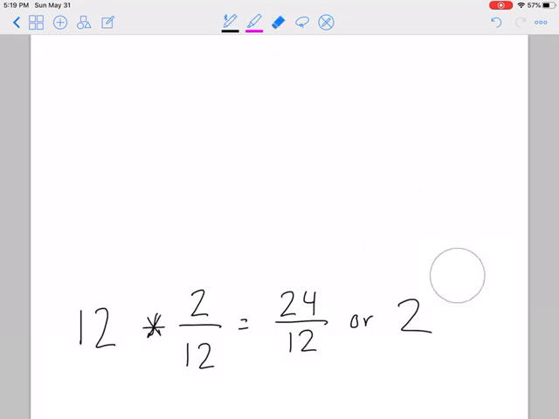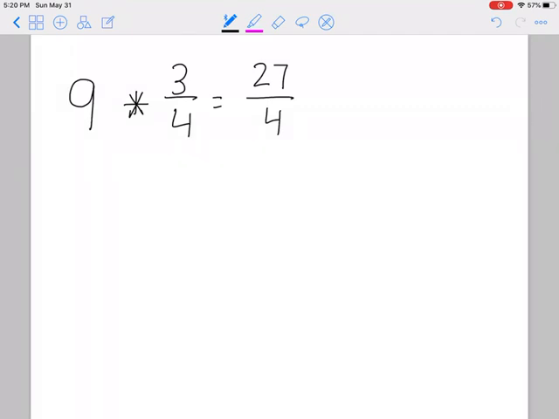Okay, our last set is going to be the most challenging. So 9 times 3/4. I know 9 times 3 is 27. 27 fourths. Now, 27 is not a multiple of 4.